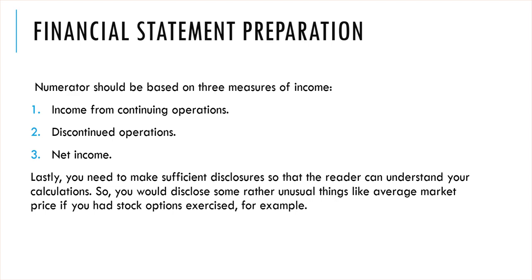And then you also need to do discontinued operations minus preferred dividends for numerators. So you have three numerators, right? And then you have your weighted average number of shares outstanding, which is your basic number.